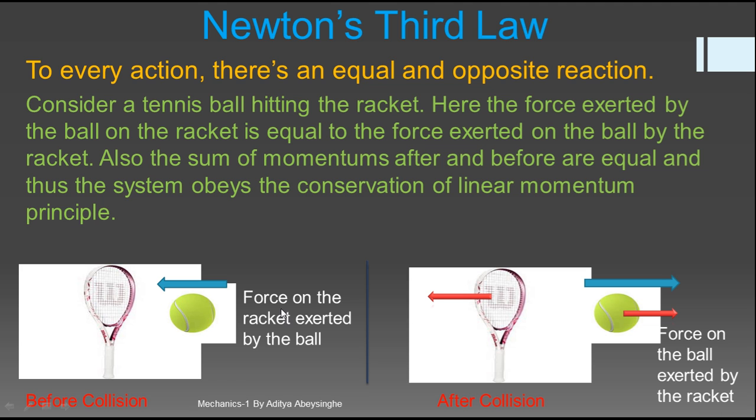When this ball travels in this direction, we say that the ball exerts some force. There should be a force because your hand is not turning the racket. You are keeping your hand at rest relative to the racket as well as relative to the earth. However, this object makes some force resulting in the acceleration of this object. However, you actually provide a constant force to this racket. So this racket will not move, but it will somewhat rotate through some angle.